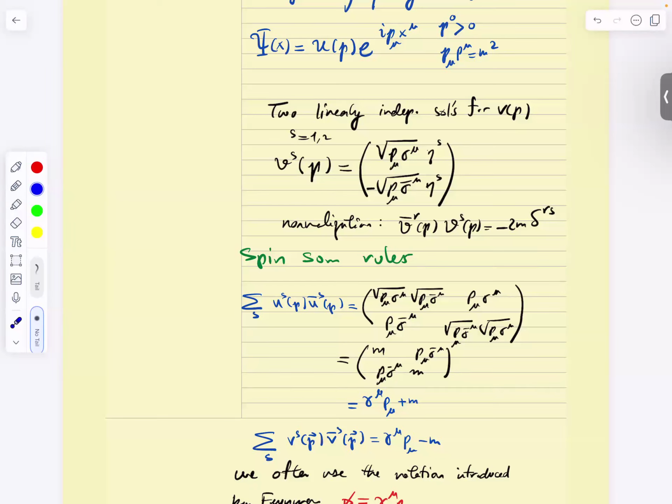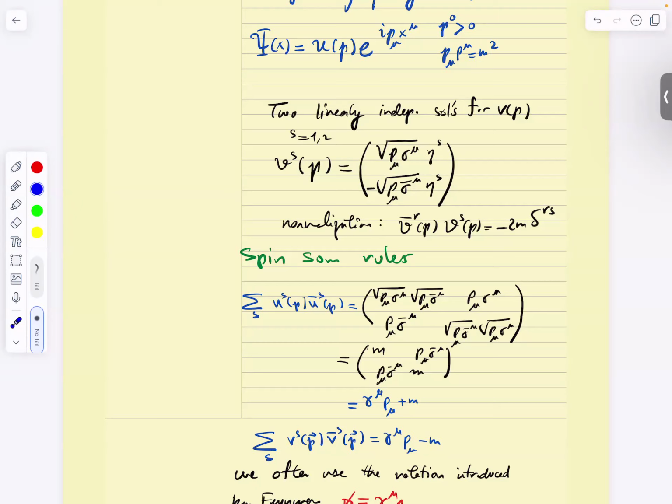Similarly for the v part, but the way you construct it is different. This is one particular solution; you apply a boost to it, it remains a solution. Exactly why? Think about why it remains a solution. And we constructed these. We'll come back to this next time.